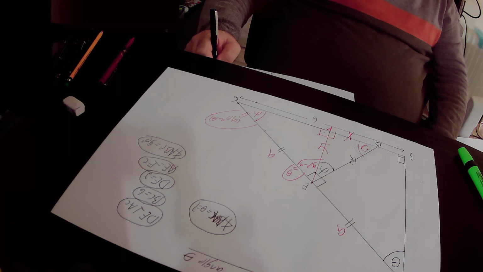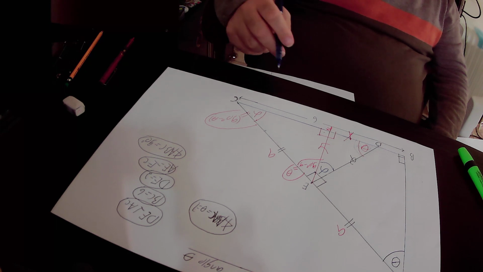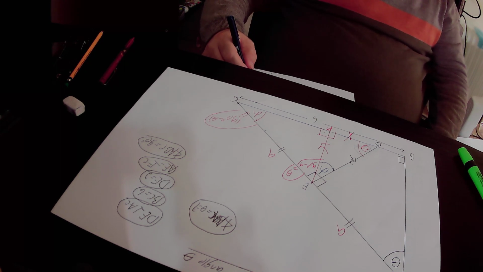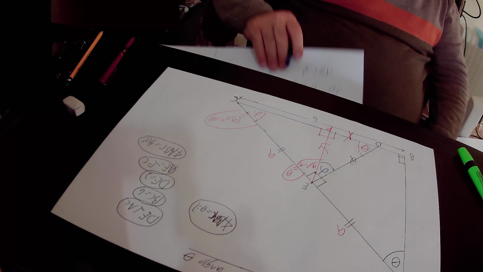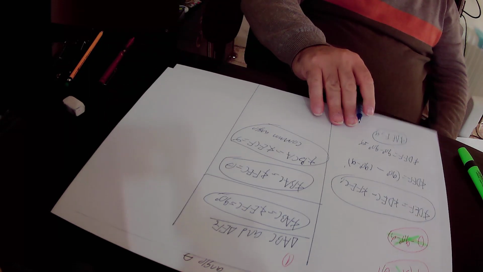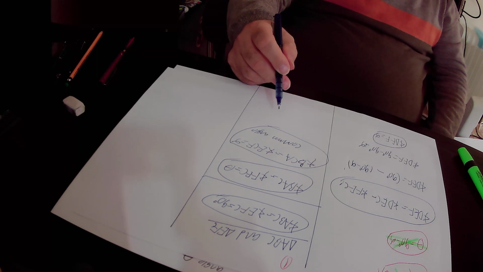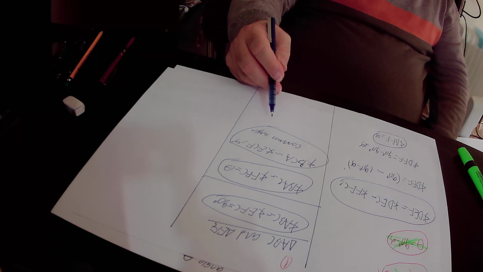So we actually say here that this angle equals itself. So angle BCA equals angle ECF. It's a common angle that belongs to both triangles.